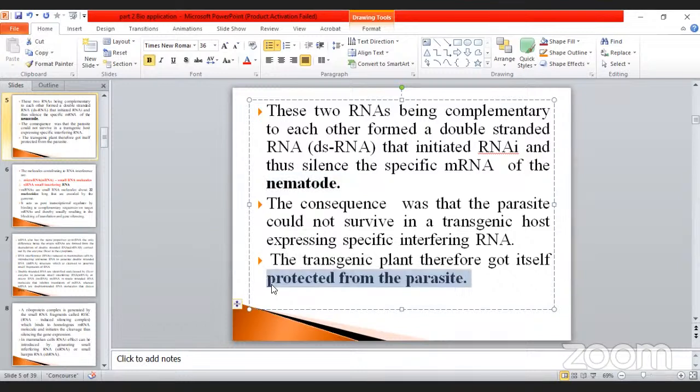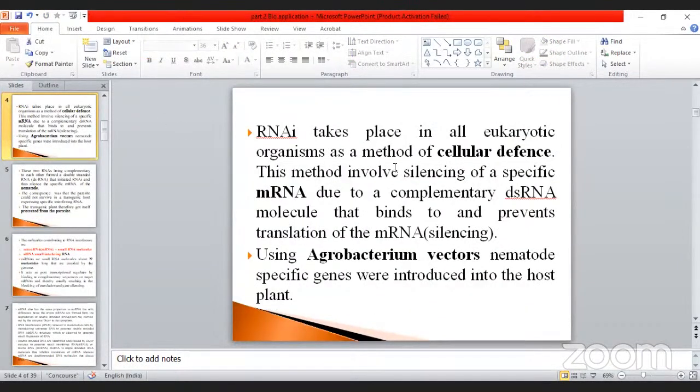So that is the main aim of RNAi. Okay, so once again, let me repeat. What are the two RNA molecules united together? The mRNA as well as the interfering RNA. How does the double-stranded RNA formation take place? The mRNA binds with the interfering RNA, so as a result you get double-stranded RNA.